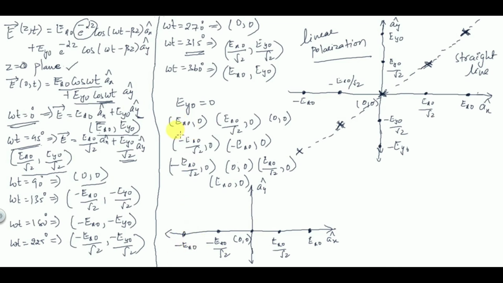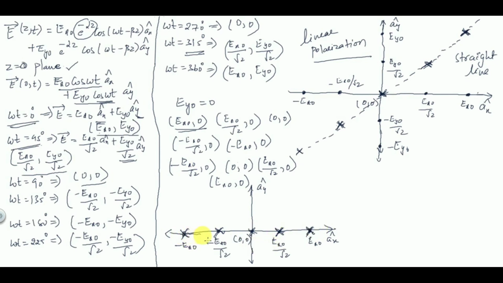If you plot the point Ex0 comma 0, it will be on the x-axis. Yes or no? Right. Next is Ex0 by root 2, so this is the plot. 0 comma 0, this is the plot, and again minus Ex0 by root 2, this is the plot, and minus Ex0 comma 0, this is the point, on the x-axis only, because the y value is equal to 0. And again in reverse, minus Ex0 by root 2, this is the point, 0 comma 0, this is the point, Ex0 by root 2 comma 0, this is the point, and Ex0 comma 0, this is the point.